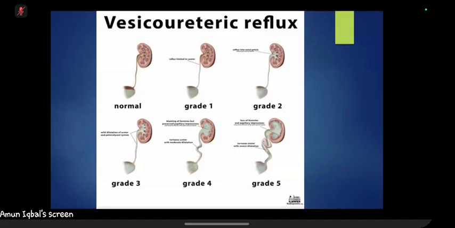I want you to note down the additional findings when you get such a fluoroscopy film, because sometimes the reflux can be associated with other pathologies as well. Additional pathologies could be abnormal insertions of the ureters, the anatomical location of the ureters, a duplex collecting system, or a very low insertion with a fistulous communication.